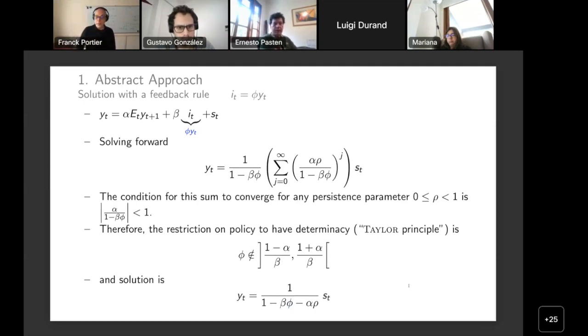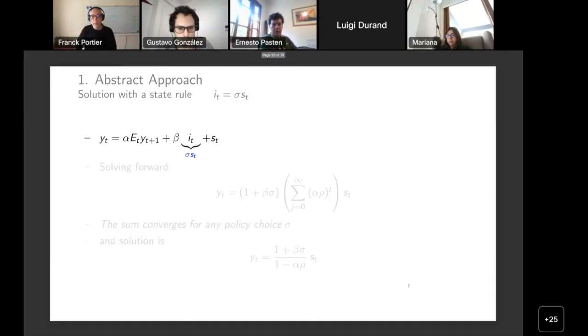Now let me do the same thing with a state rule, a rule that maps the state of the economy into the instrument. It's also easy to do. Again, I'm taking my model, which is this forward-looking equation, and replacing the instrument by this policy: the instrument is a function of the state.